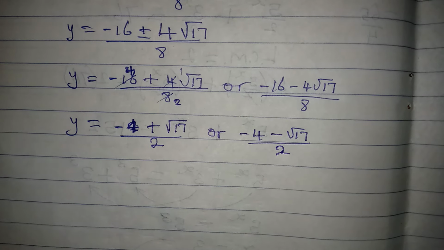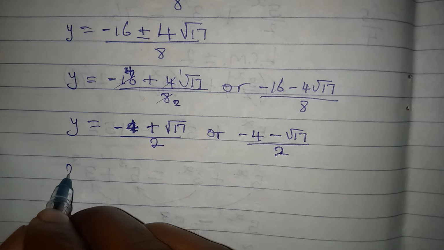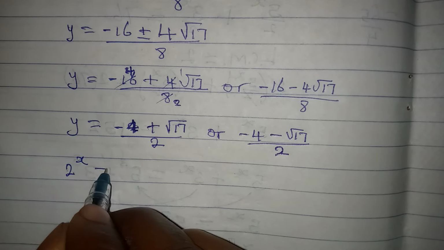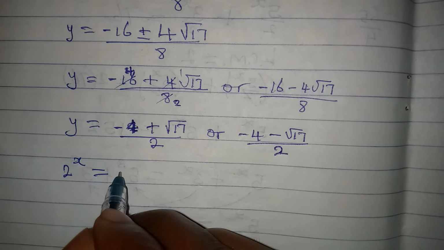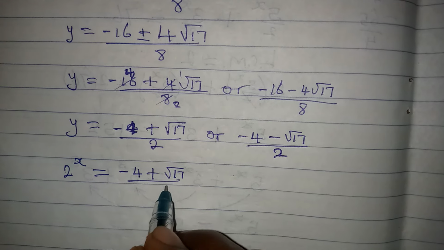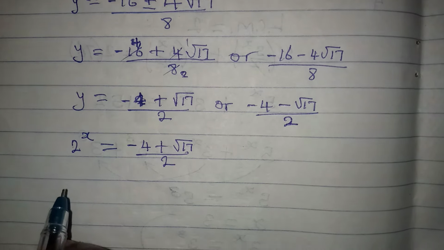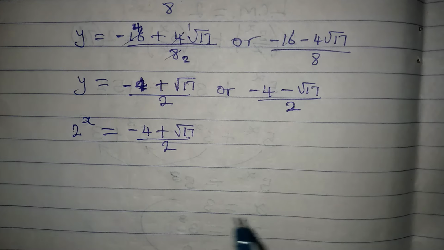We are looking for the value of x. Remember when we say that y here is 2 to the power of x, so that means 2 to the power of x will be equal to the whole of this, which is minus 4 plus root 17 over 2. I'm using positive first. I'll use this again. Then from here we take the log of both sides.